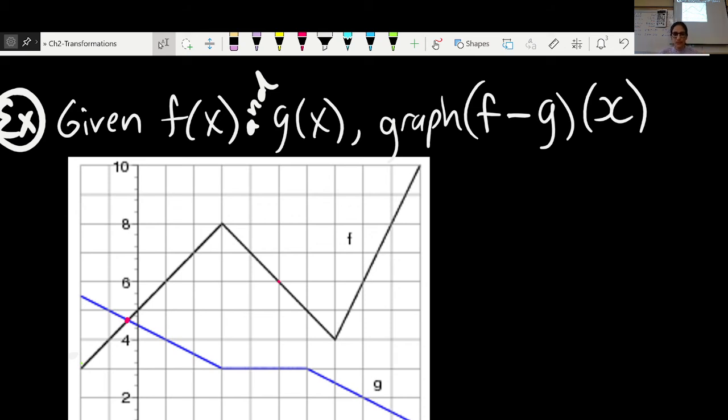Last thing. Given this graph of f of x and g of x, let's graph f of x minus g of x.